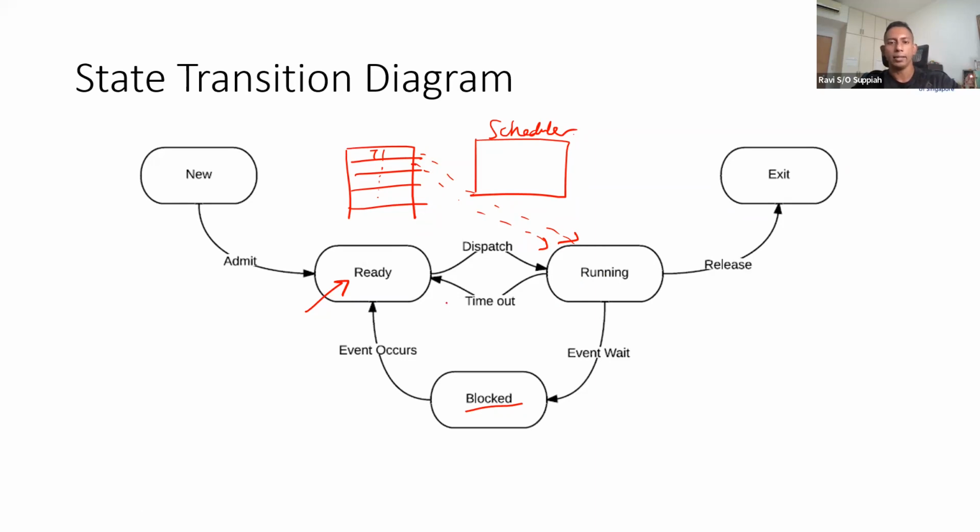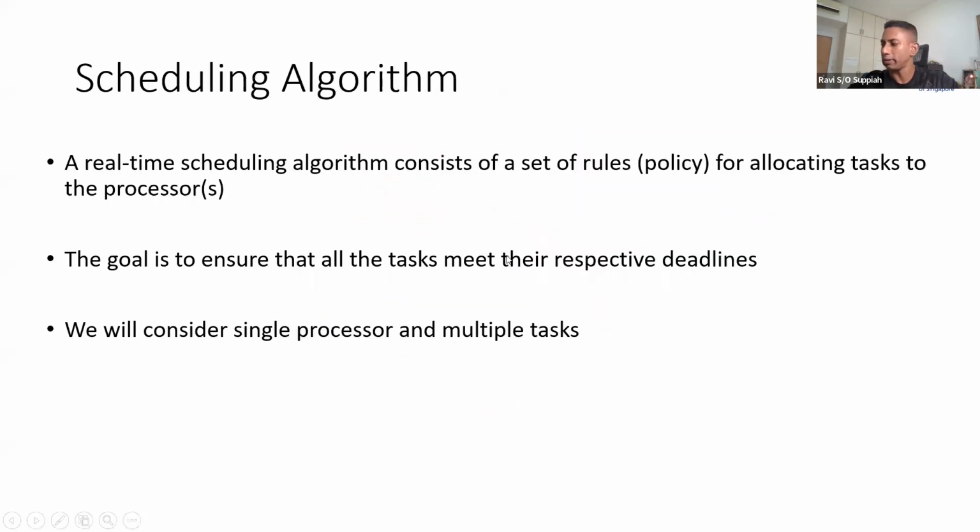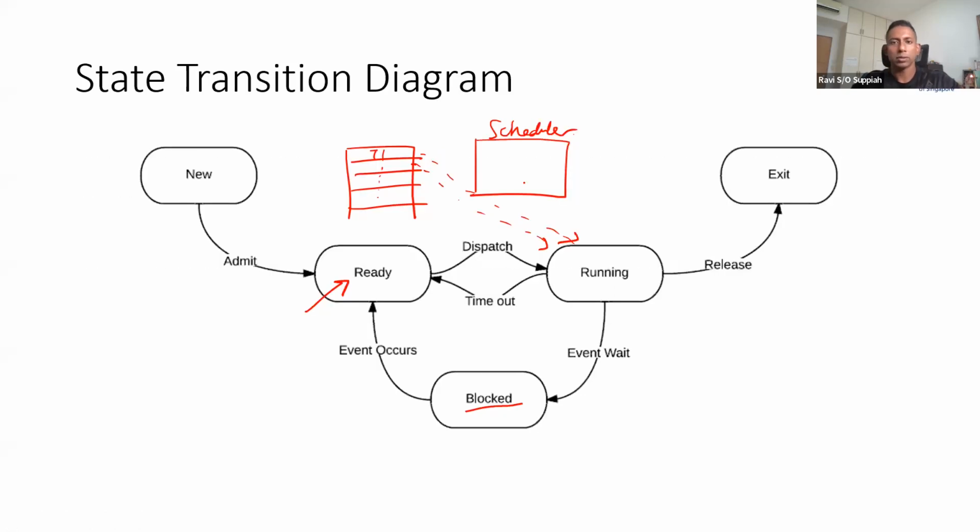When you're in the block state and the event or resource you're waiting for becomes available, you get unblocked and move to the ready state. Once you're in the ready state, if you're higher priority, you go to the top of the queue.